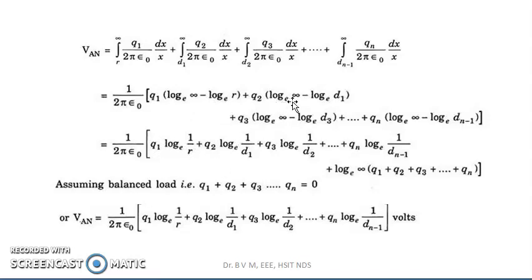Similarly, the minus sign is negated by using 1 by D1, so it is plus Q2 log of 1 by D1, and so on, plus Qn log of 1 by Dn minus 1. Assuming a balanced load, the summation of all the charges is equal to 0, so the log infinity term becomes 0.